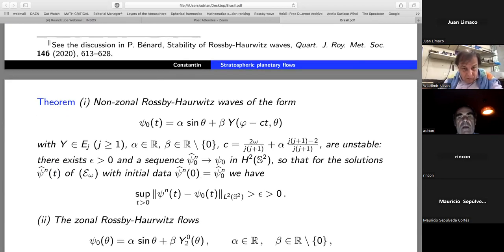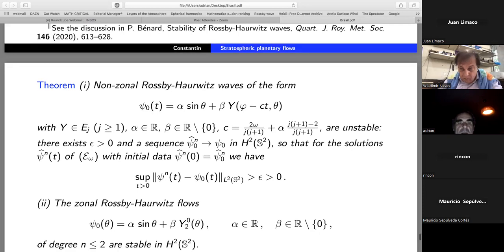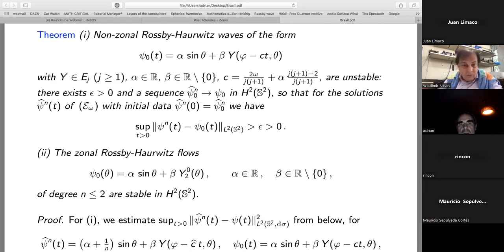Okay, so now we have a proof that this Rossby-Hurwitz wave, these are unstable and these are stable. So the Y20, let me explain the notation. This is a spherical harmonic.